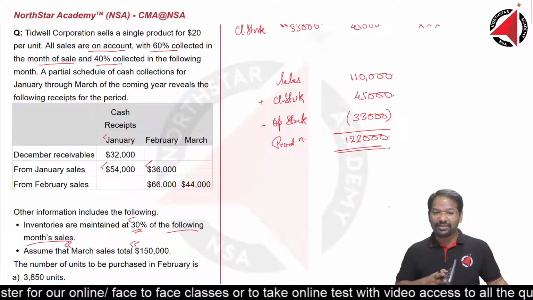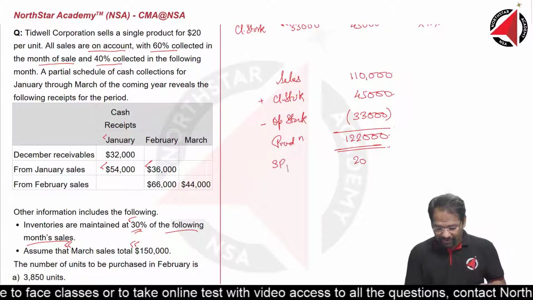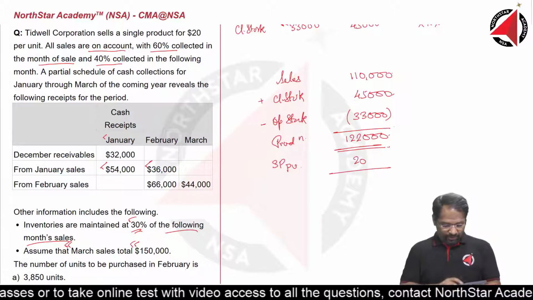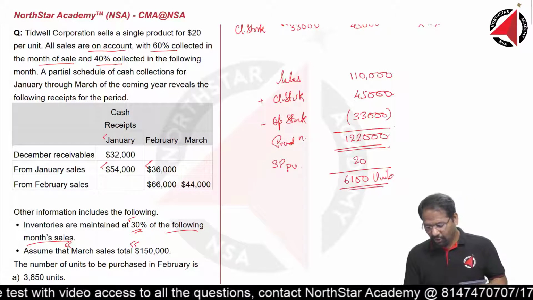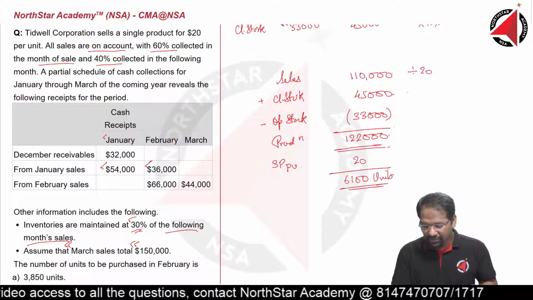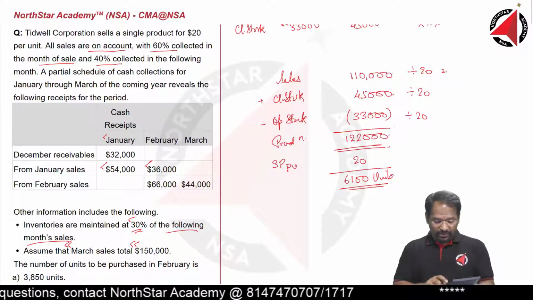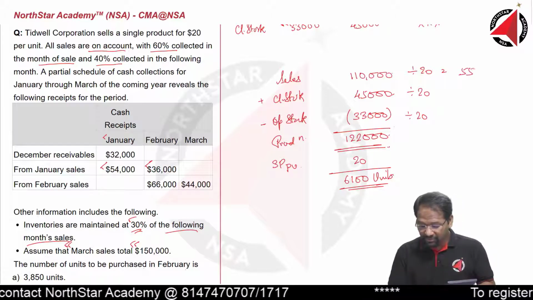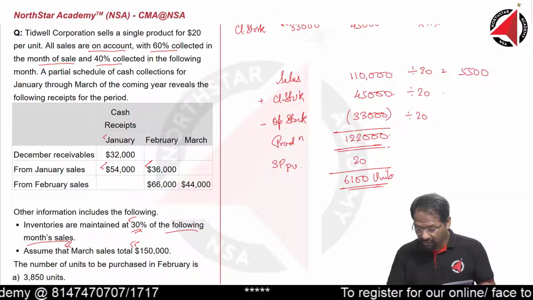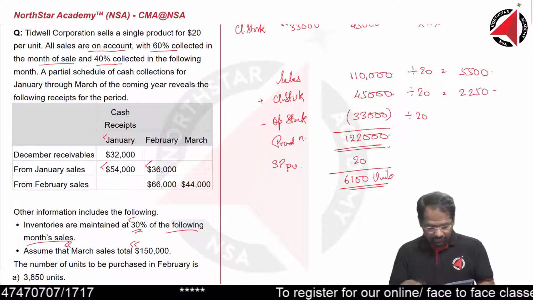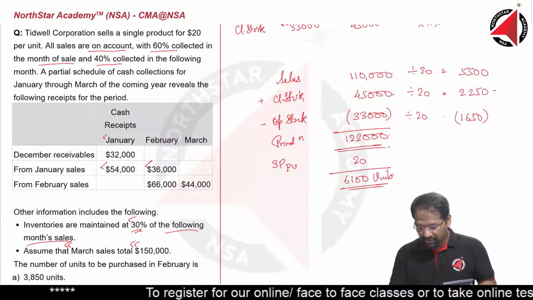Remember, this is in dollars and we want the ultimate answer in units, so divide by $20 per unit, the selling price per unit. Divided by 20, we get 6,100 units. Or you can divide each line by 20: 110,000 divided by 20 is 5,500 units, 45,000 divided by 20 is 2,250 units, and 33,000 divided by 20 is 1,650 units.